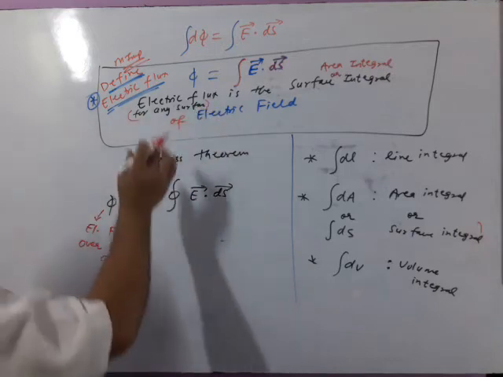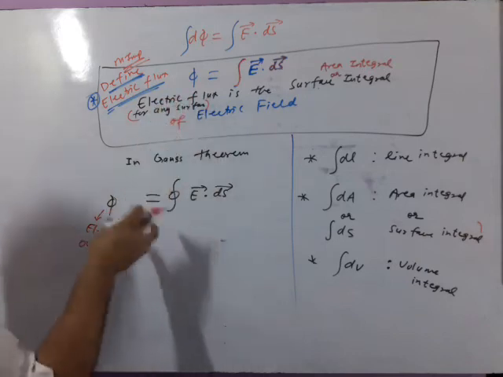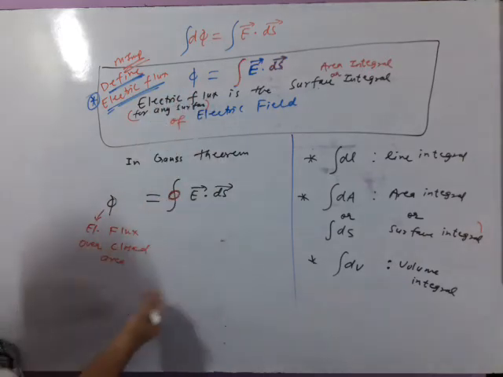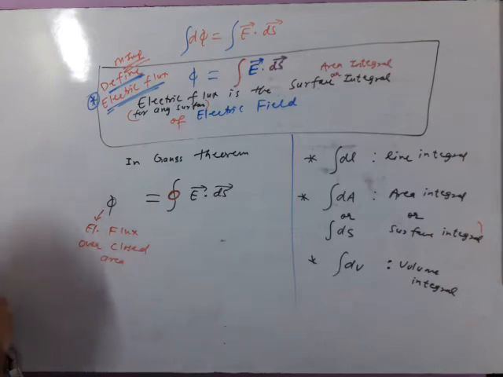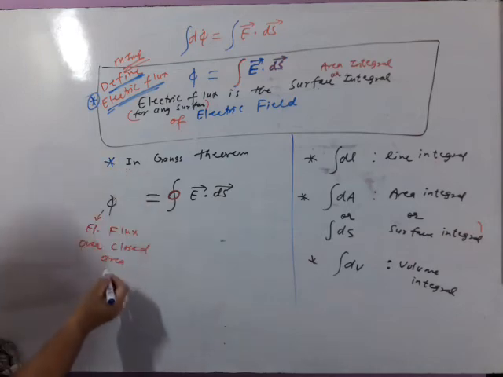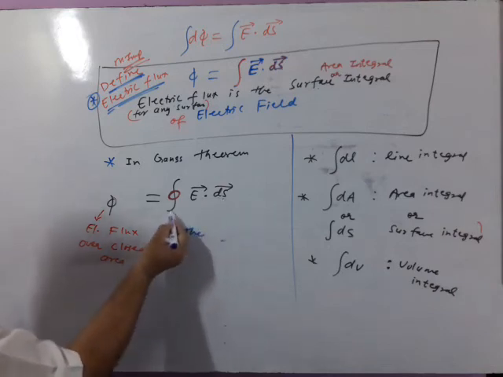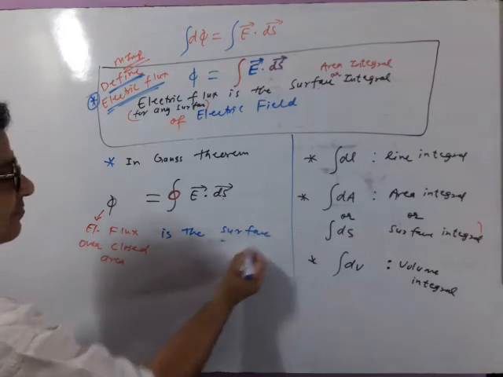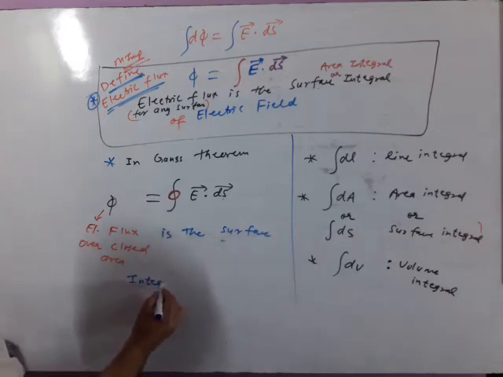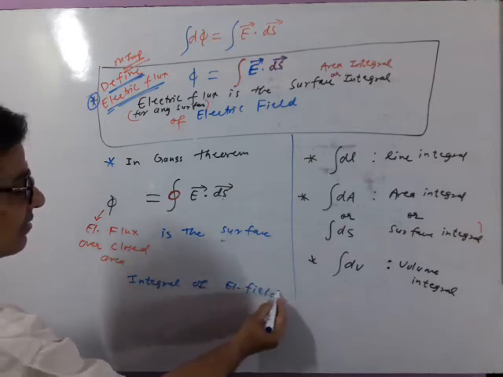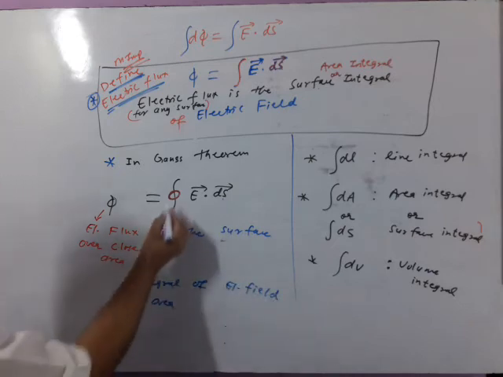Are you getting it? For a single surface, single area. Now this is for closed area. This circle is the symbol for closed area. So this was defined by Gauss. In Gauss theorem you will see, we will write it like this. Electric flux over closed area is the surface integral of electric field, with a circle over the integral.